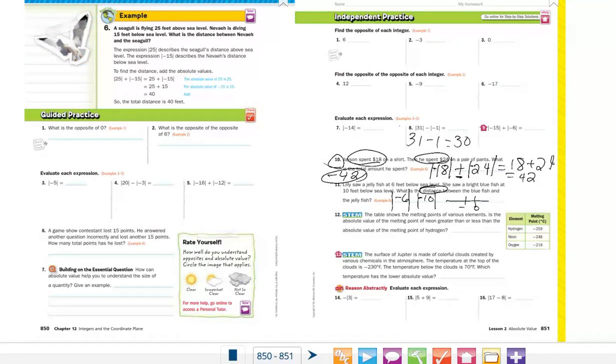If one is at -6 and the other one is at -10, that's further down the line. The distance between the two, 6 minus 10, absolute value is 4. So the distance is 4 feet, period.